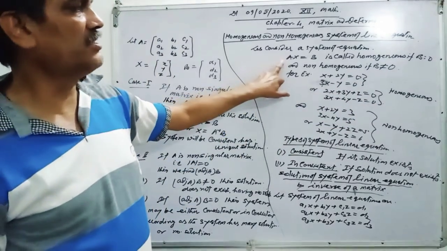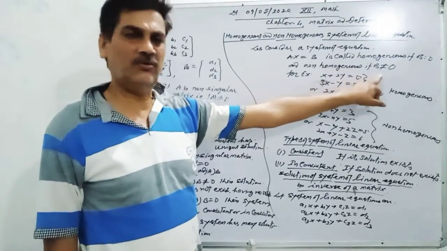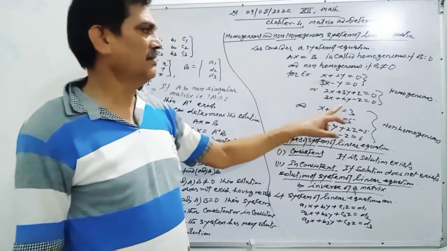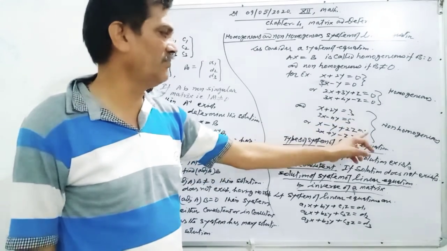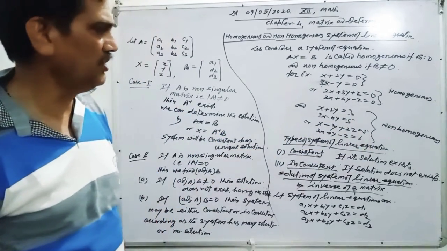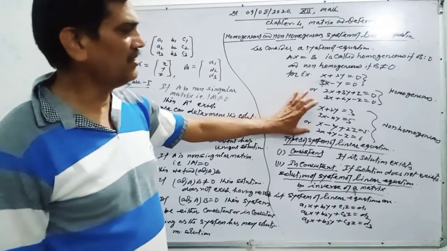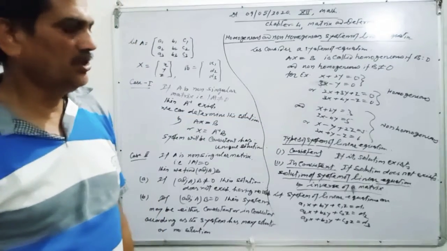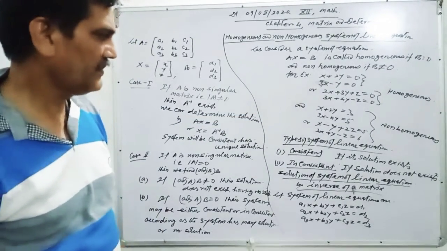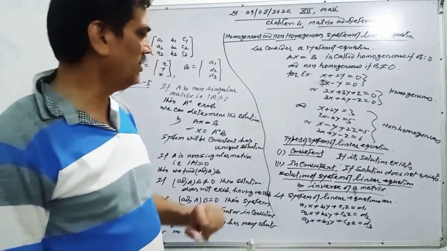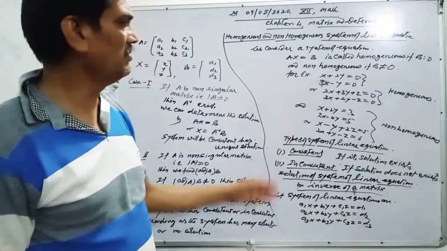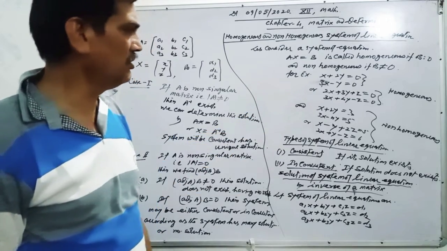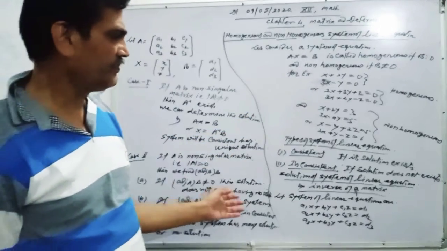And in this system, if B is not equal to 0, in these examples B is 3, 5, 5, 6, not equal to 0, then the system is known as non-homogeneous. And linear means the degree of the variables is 1, so it is known as a linear equation.